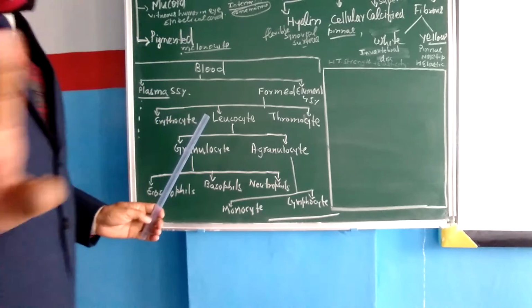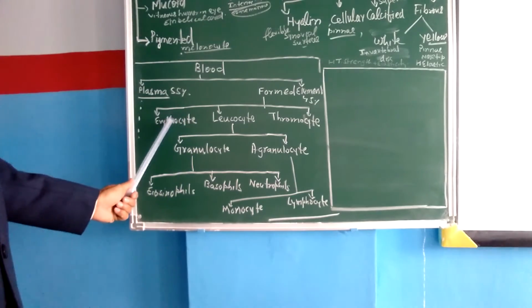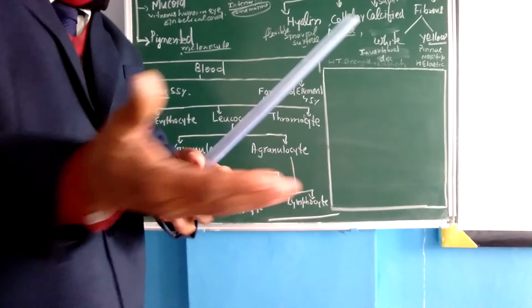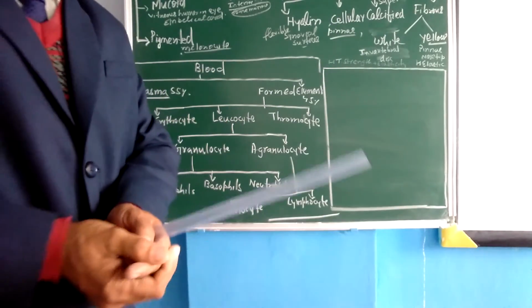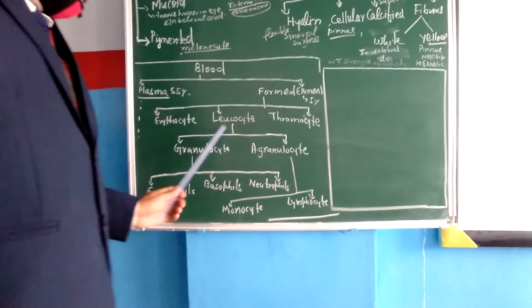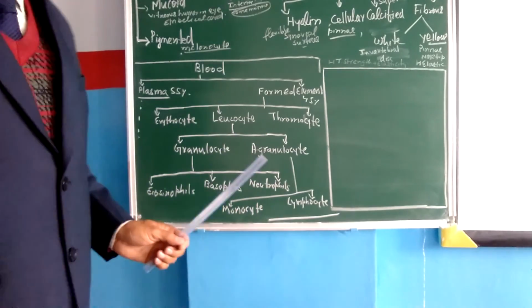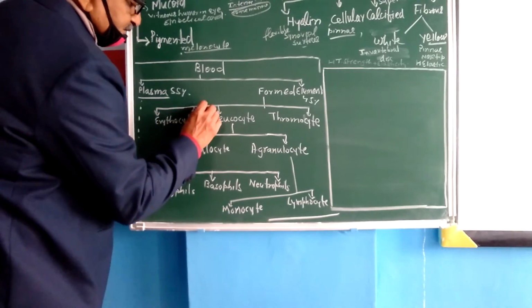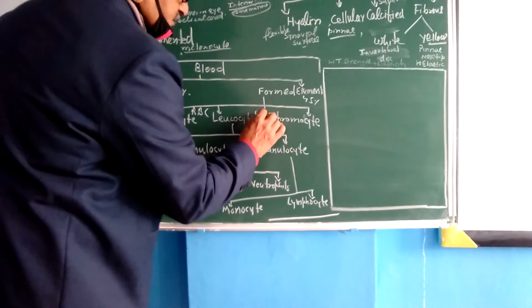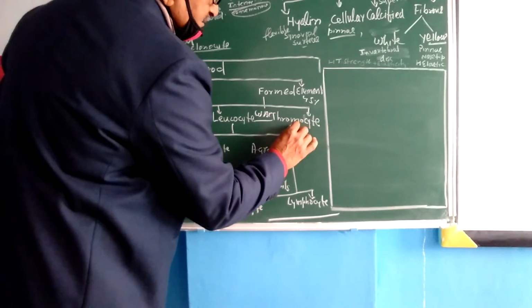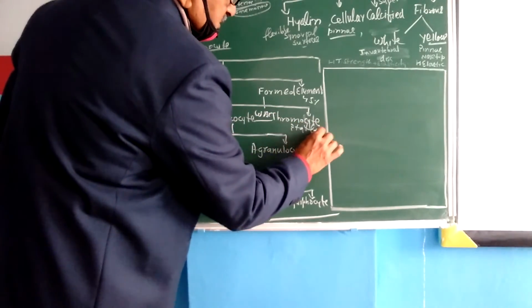Formed elements contain three types: erythrocytes, leukocytes and thrombocytes. You might have seen the examination of blood in your family. These terminologies are used, but commonly we know erythrocytes as RBC, leukocytes as WBC, and thrombocytes as platelets. So these are the common names.